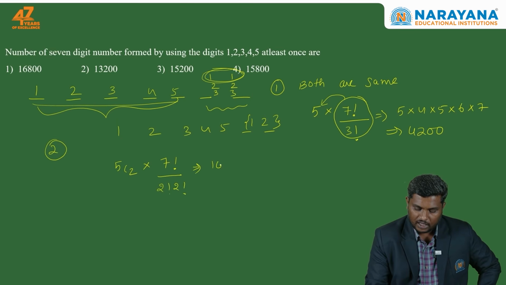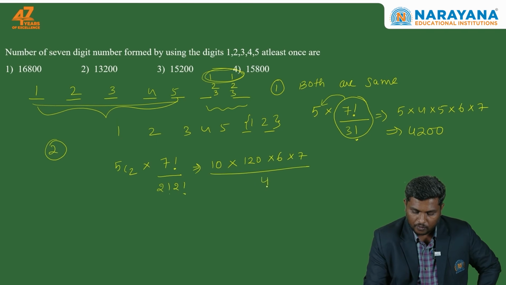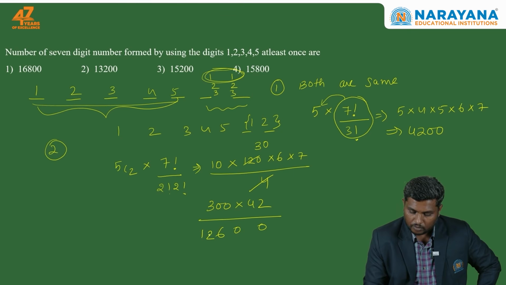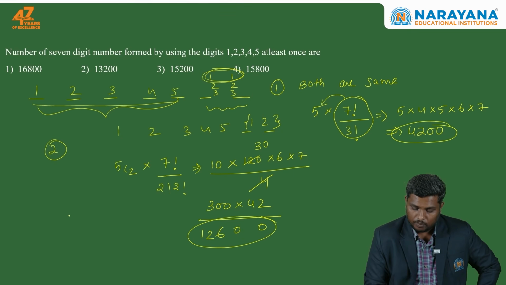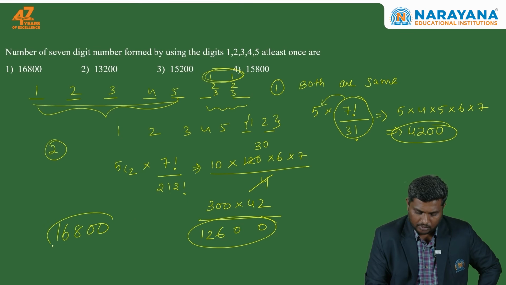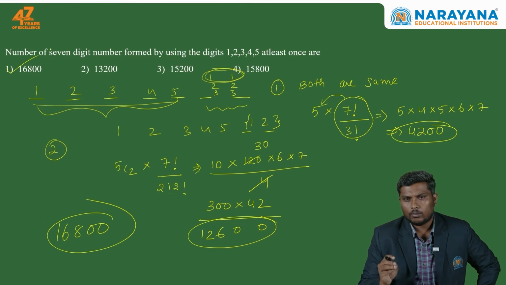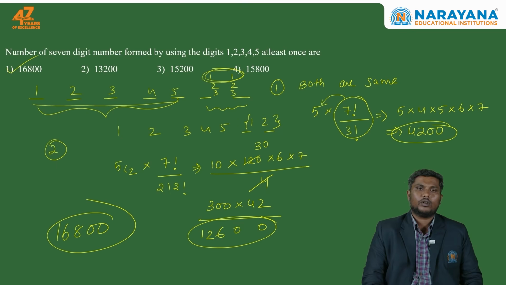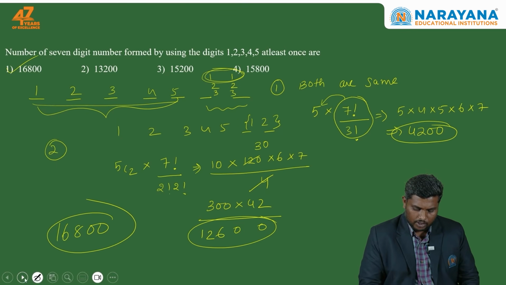So 5C2 is basically 10, 7 factorial, it's 120 into 6 into 7 by 4. So this is 30, 300 into 42, this would be 12,600. So this is one thing, this is other thing, case 1, case 2. So total sum would be 16,800. Okay. So if you have a moderate proficiency in counting, you could easily solve this question. Okay, we'll move on to next question.